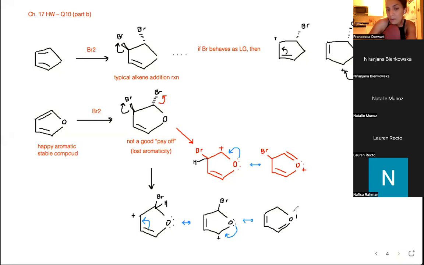So what does that mean about what intermediate is going to be favored? The red intermediate or the black intermediate? The black one, right? Because we've got more resonance, it's just as good. We still get the oxygen bearing the positive charge in both, so it's not as if one of the resonance is better. It's just that we have one more carbocation resonance structure for the black intermediate.